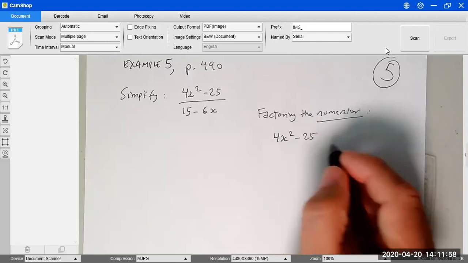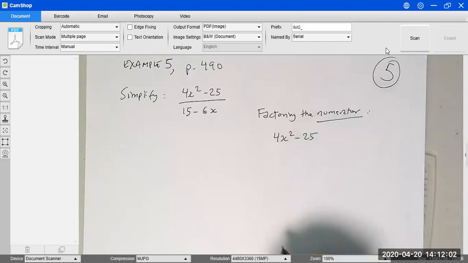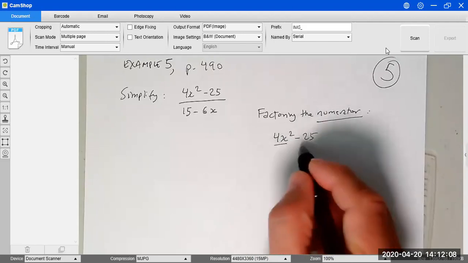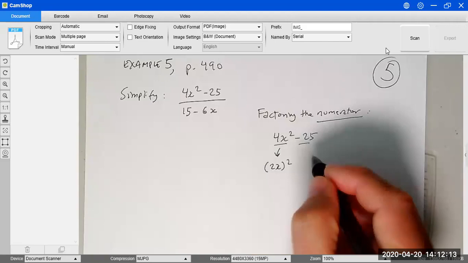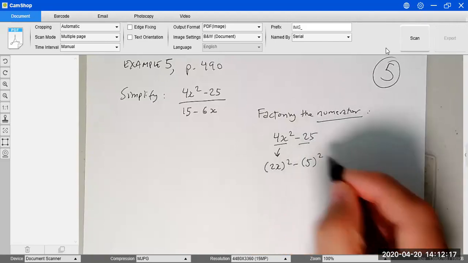What is the greatest common factor here? There is no greatest common factor. So then we need to see that this is a difference of perfect squares. We can rewrite this as 2x squared minus 5 squared.